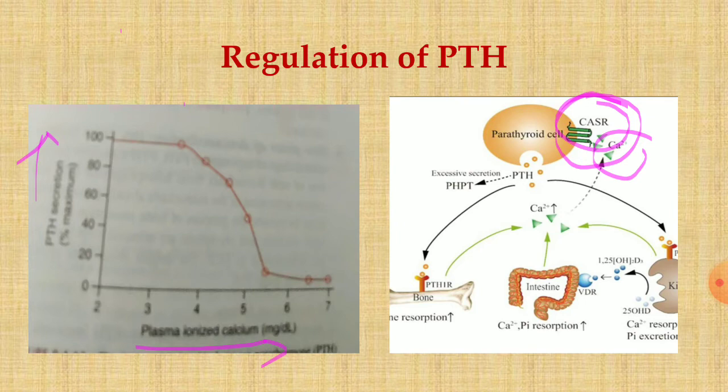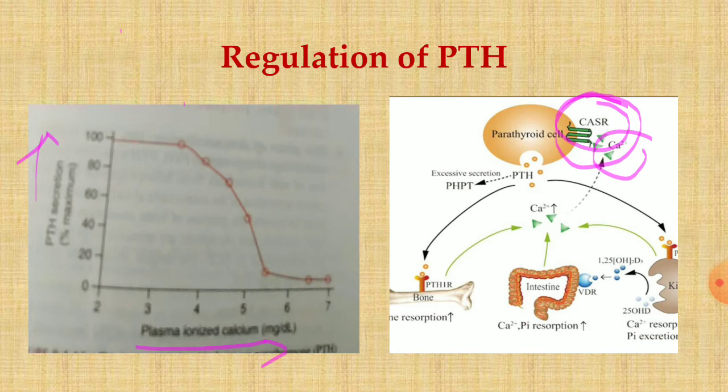Phosphate ion stimulates PTH release by suppressing vitamin D3 formation. Vitamin D3 itself is inhibitory for PTH release as it suppresses pre-pro-PTH mRNA expression.